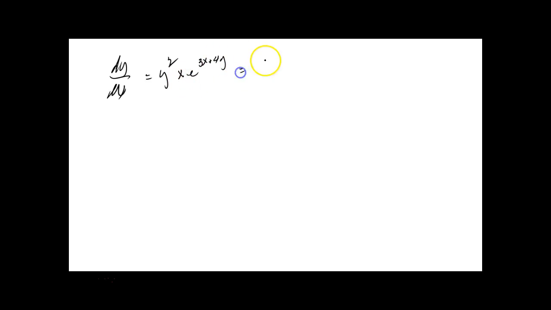Exactly. You could write this as y squared x e to the 3x times e to the 4y, right? Because anytime you raise any entity to a power, as long as you keep the same base, have different powers, but the powers are added, you can split that into the product of their bases raised to that.